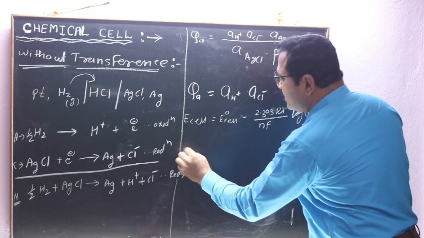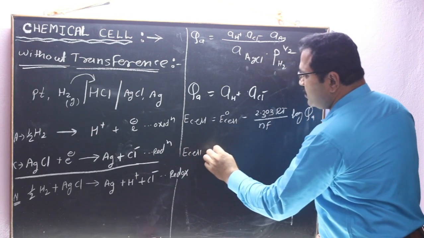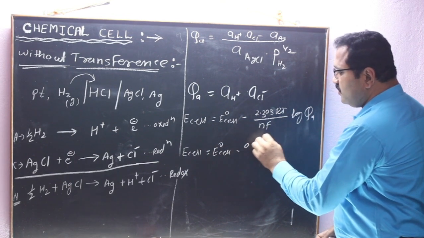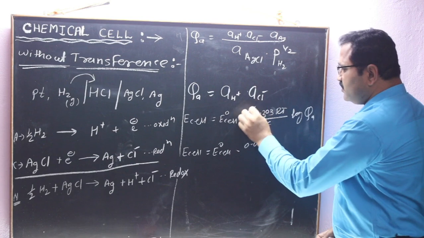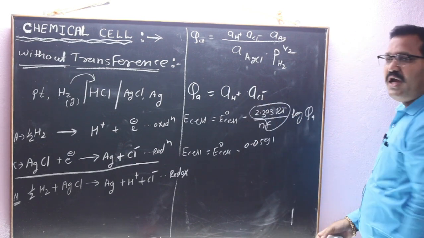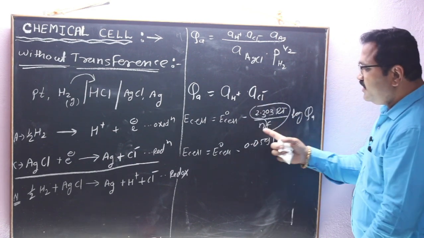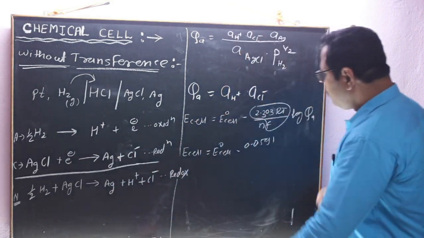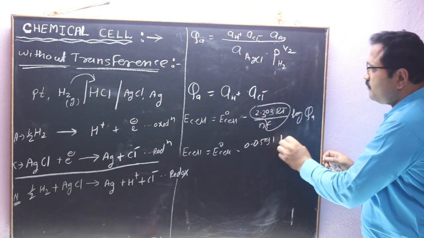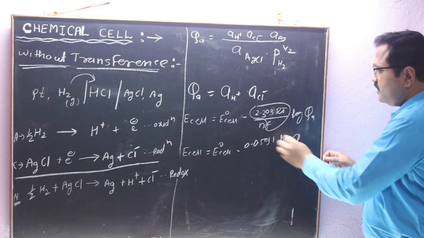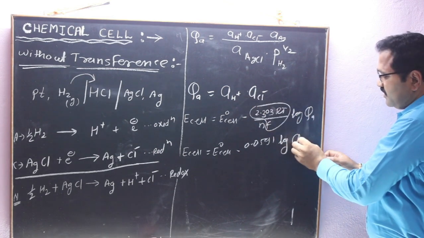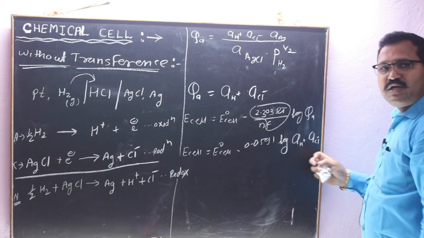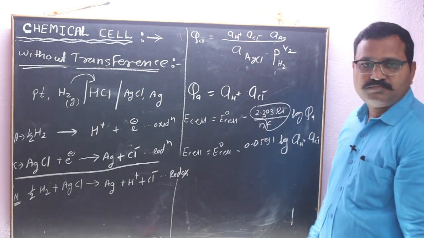Therefore, E cell is equal to E naught cell minus 0.0591. Why 0.0591? At 298 Kelvin, and the number of electrons transferred is 1, into log of activity of H plus into activity of Cl minus, or you can take activity of HCl.